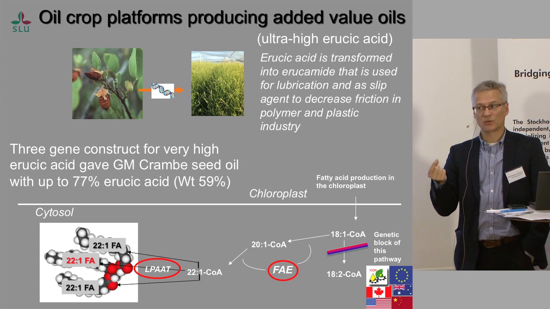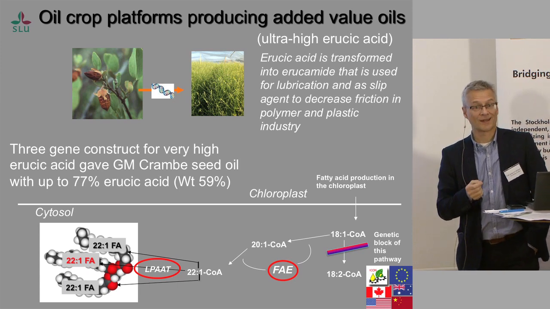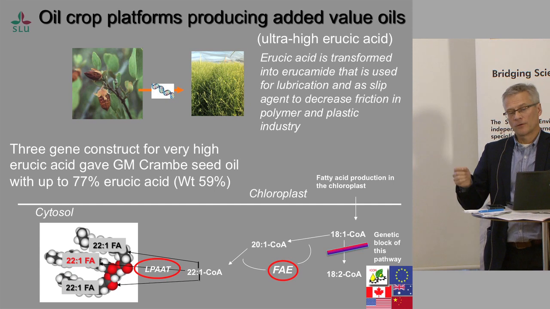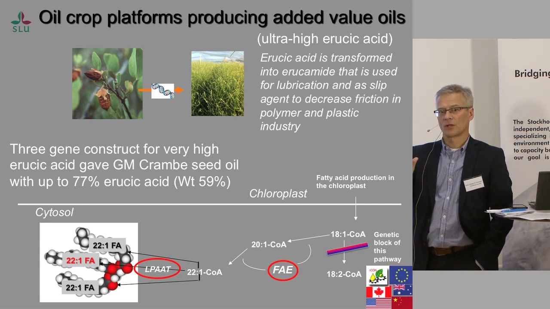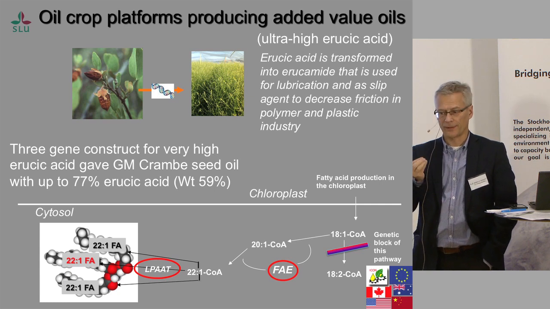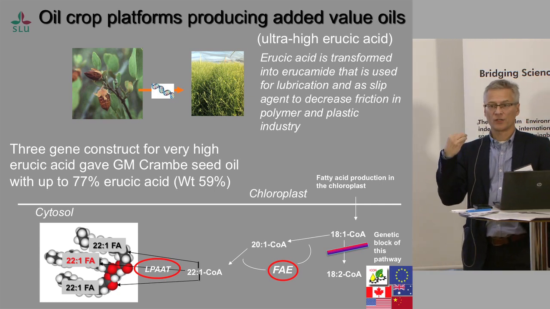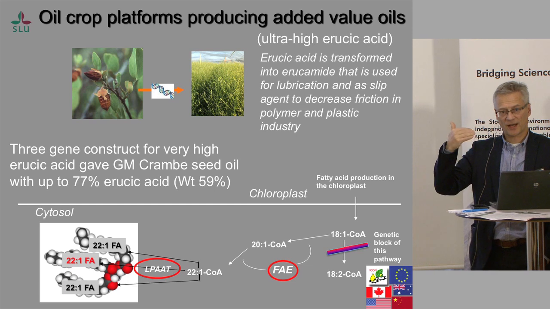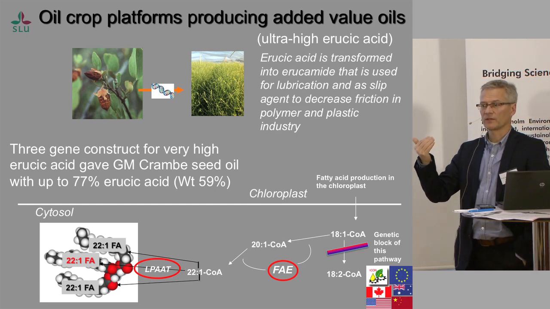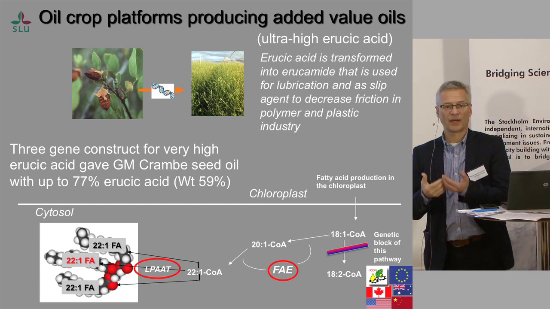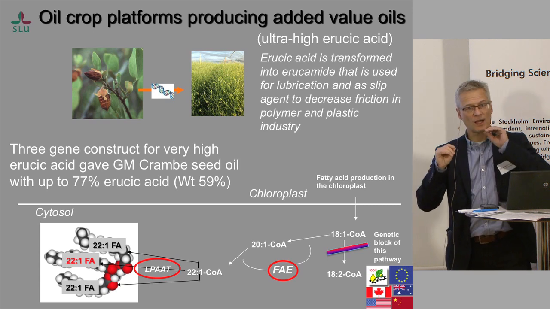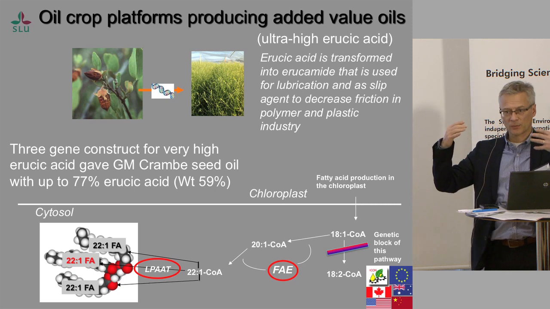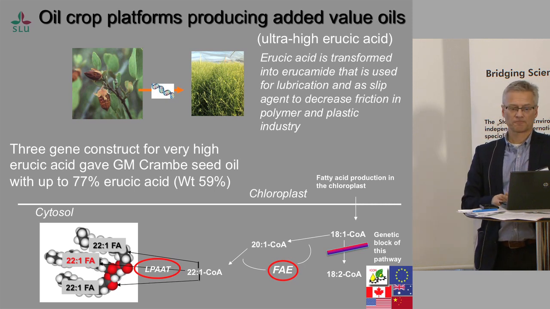So cranberry has been grown because it is rich in erucic acid. 55 to 60% still needs to have some purification when you extract it. So the higher concentration of the specific fatty acid you have in the oil, the better it is. So this part of the project was just to see how we can increase the percentage of this fatty acid.